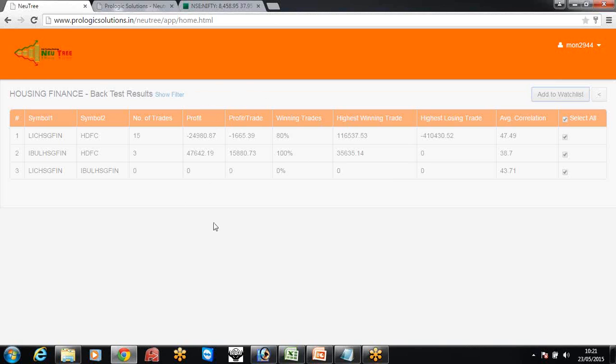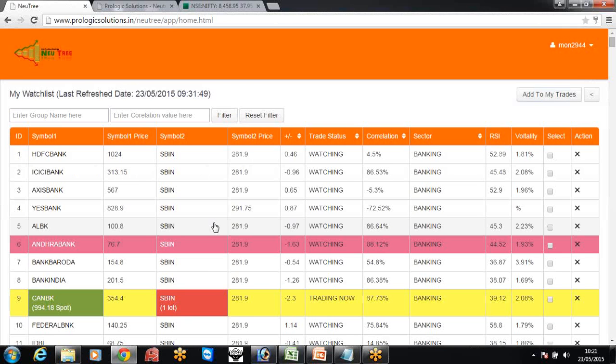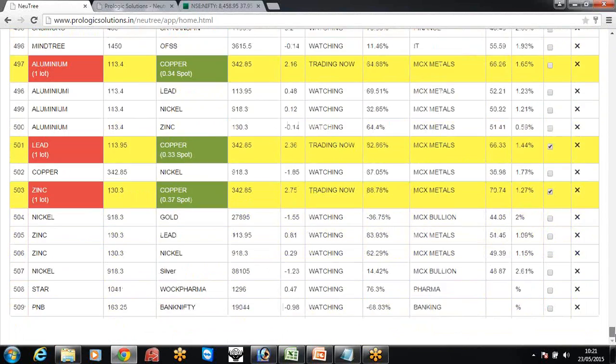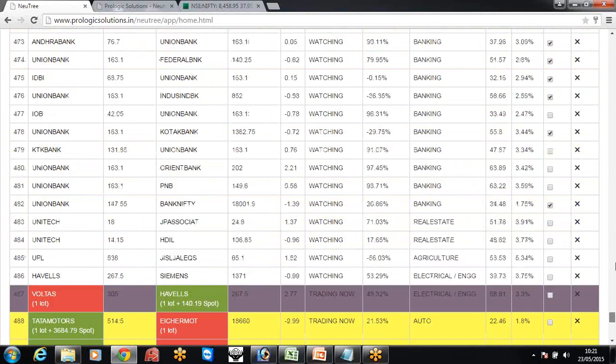So once it is added to the watch list, there you go. It is added to this watch list. We have this many number of pairs, where we have added roughly around 500 odd pairs.